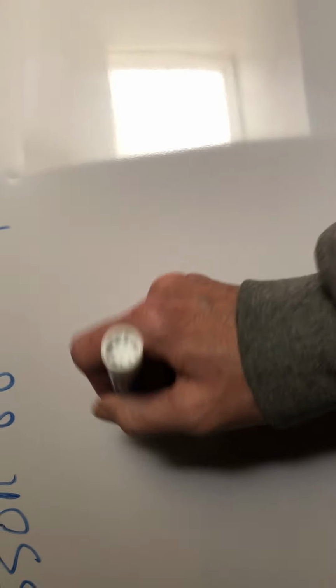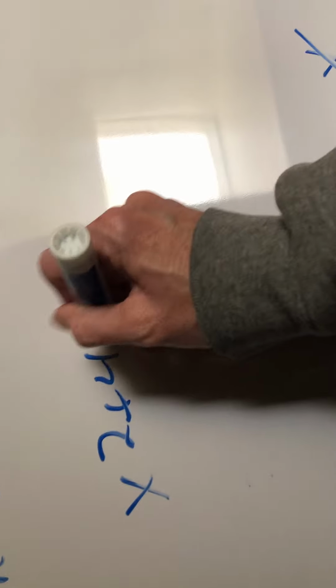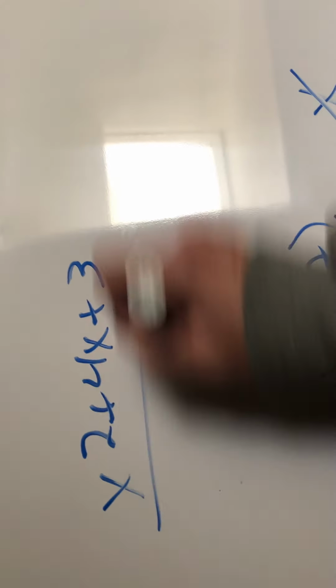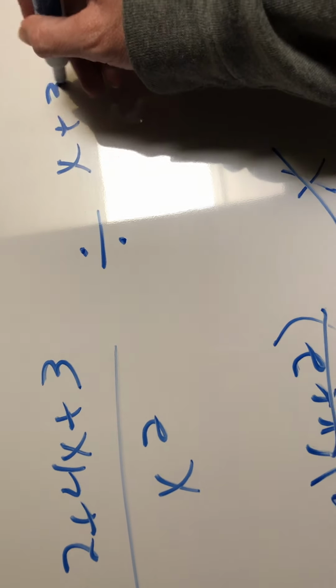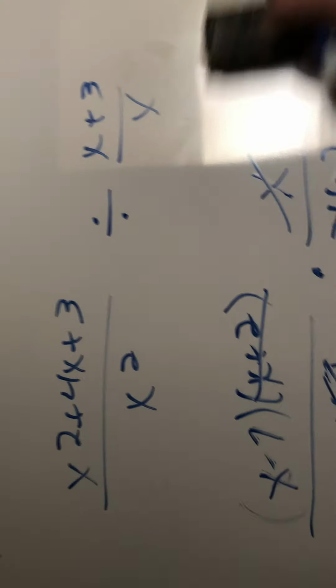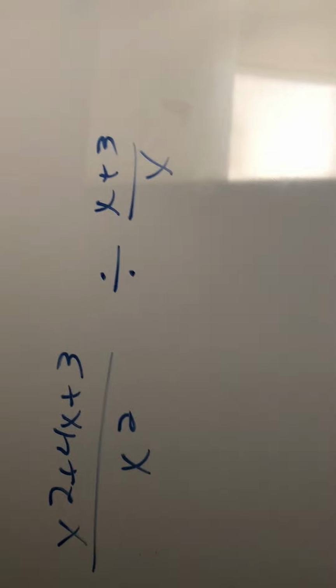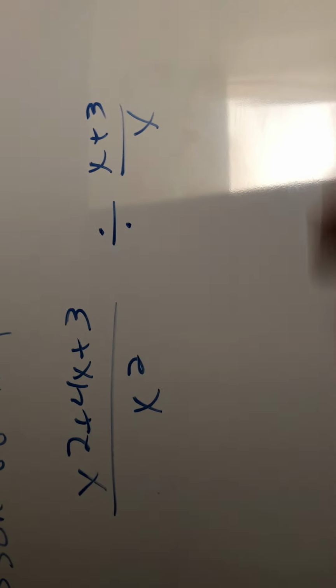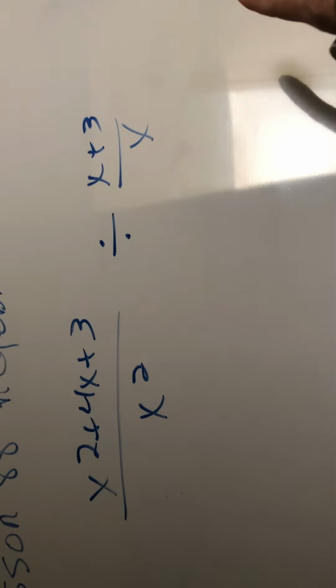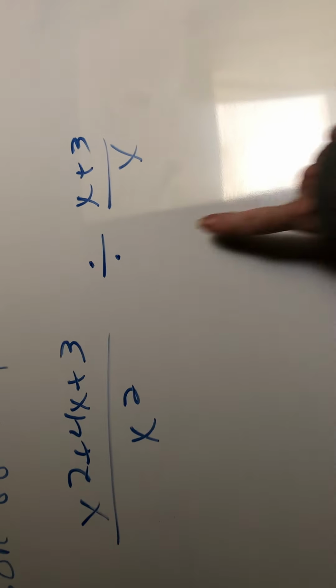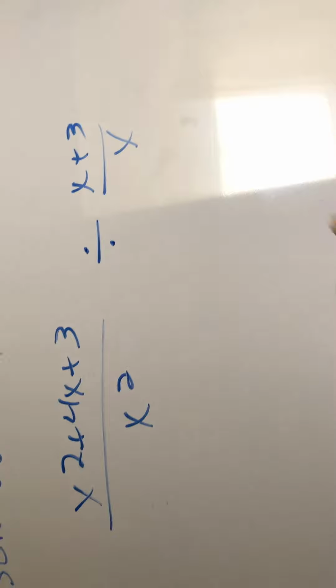Let's try another one like that. x squared plus 4x plus 3 over x squared divided by x plus 3 over x. Again, your first thought is, oh, okay, I'll cancel those x squareds, I'll cancel those x's. You can't do that. You've got to factor first. We've got to factor, we've got to change to multiplication, and we've got to flip the second one.